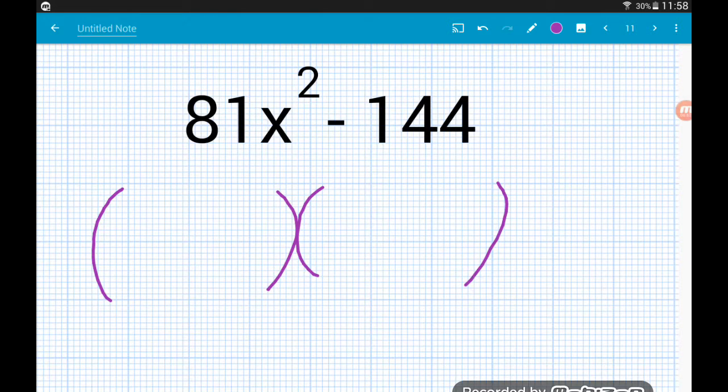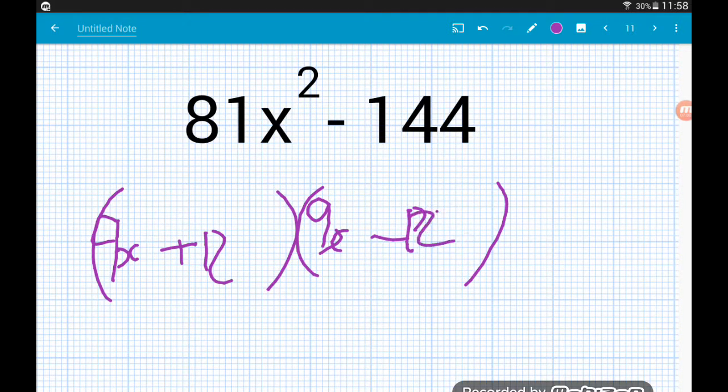Well, the square root of 81x squared is 9x. Whack in the plus or minus, and then the square root of 144 is 12. So we get 9x plus 12 times 9x minus 12.